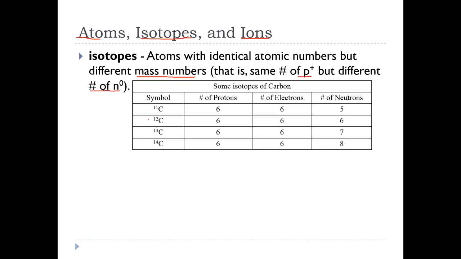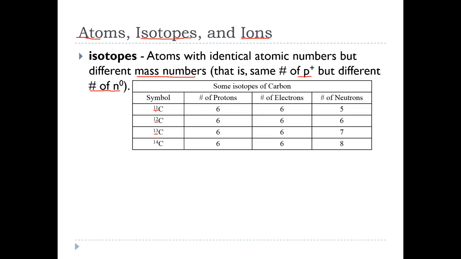We have here a series of different isotopes of carbon, and we have written with each one their mass number. So we have carbon 11, carbon 12, carbon 13, carbon 14. If you look at all of the carbons, they all have 6 protons, because by definition, all carbon atoms have 6 protons.